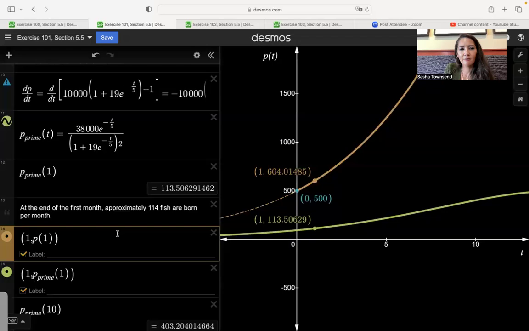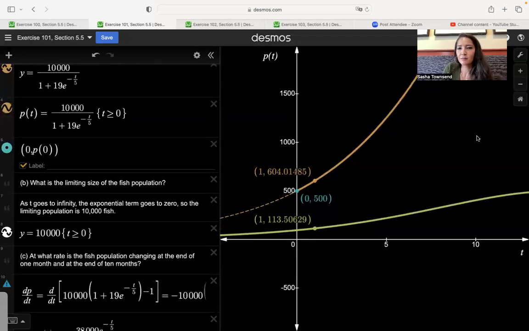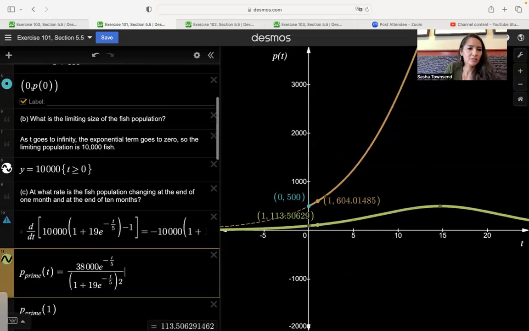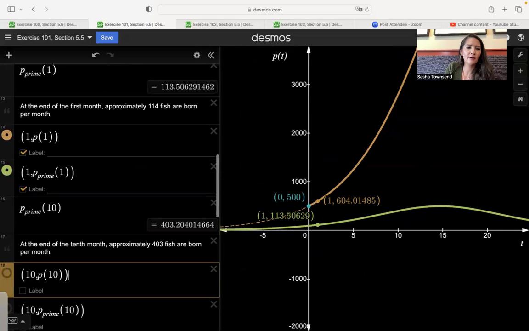Now we can also find the rate of change at 10 months. So we'll just plug in t equals 10 to our P prime. I get 403. So that means after 10 months, the fish population is increasing at a rate of 403 fish per month.